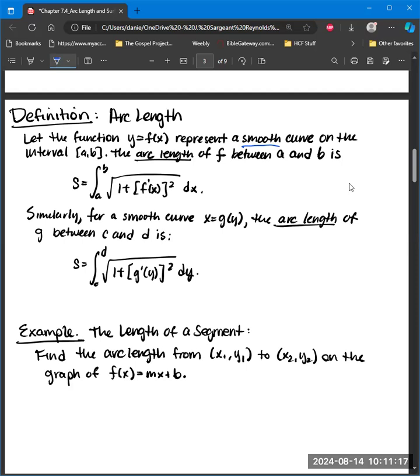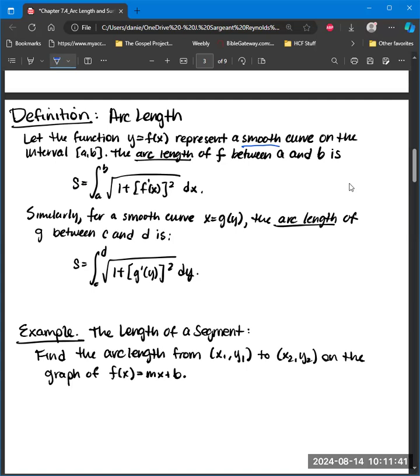The arc length of f between a and b is, and make sure your s has these little things on the end of it. Otherwise, it means something else in physics. It's related though. So actually, we're not there yet.